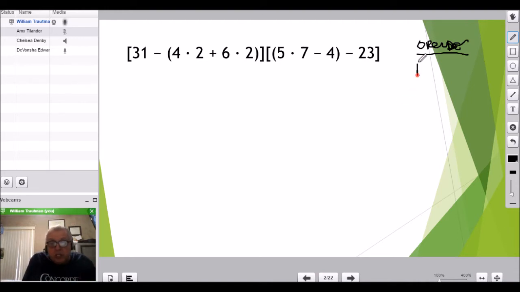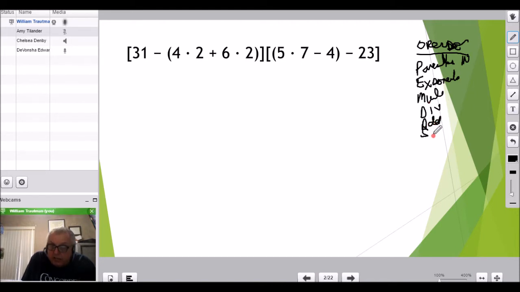Order of operations is Please Excuse My Dear Aunt Sally, if you remember from week 1: parentheses, do what's inside the parentheses; exponents, which are the powers; multiply, divide, add, subtract.